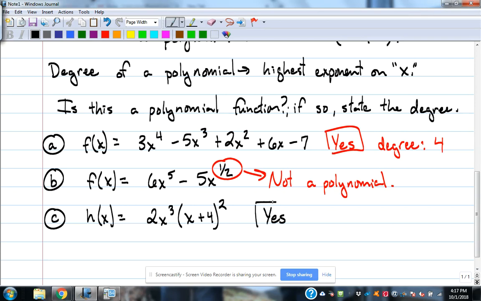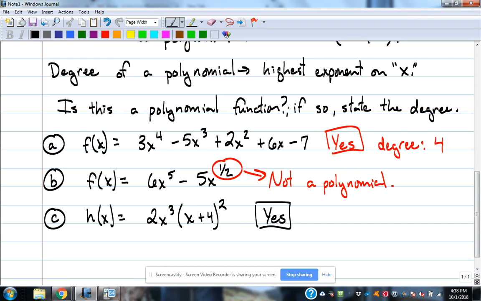So yes, it is. And then the degree is where a lot of folks can miss this. You can get it that it's polynomial function, but the degree is a little trickier on this one because it's not in that standard form where you just look to the front and find the highest power of x. Because if I just do that, I would get x cubed, and that's not the degree of this function because it's really x cubed times all of this. Remember, this is x plus 4 times x plus 4.